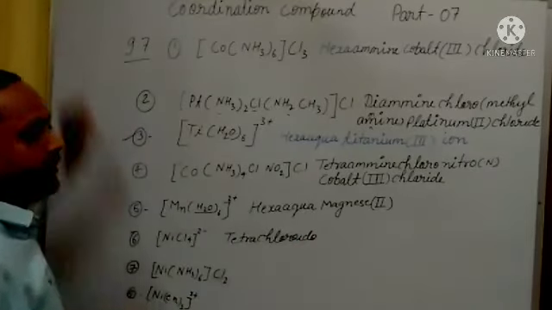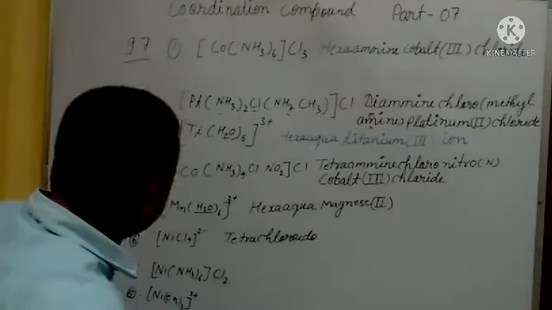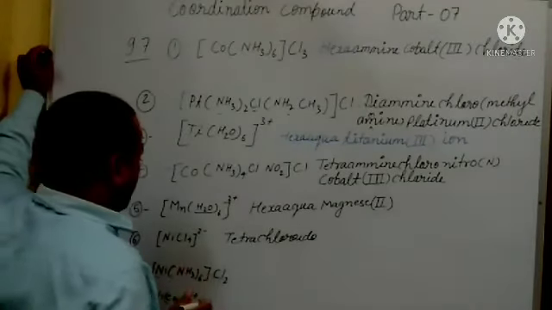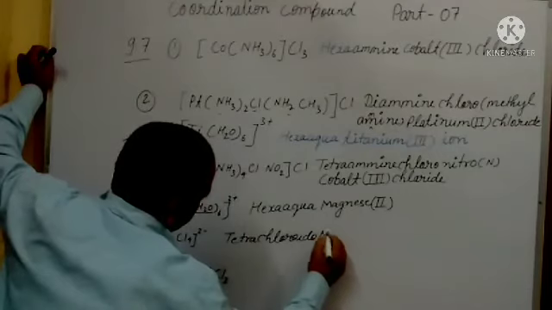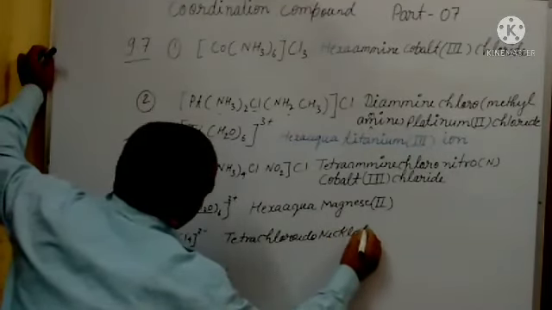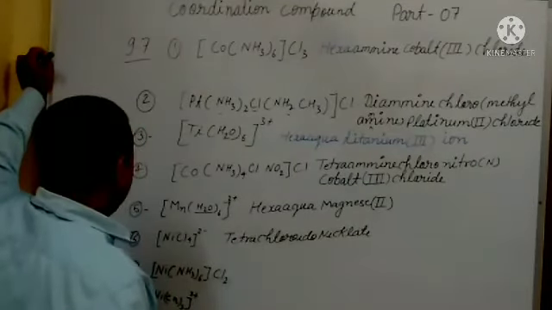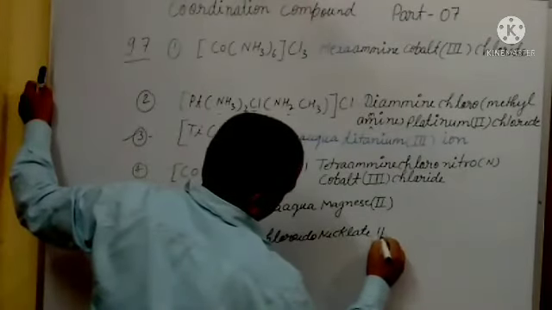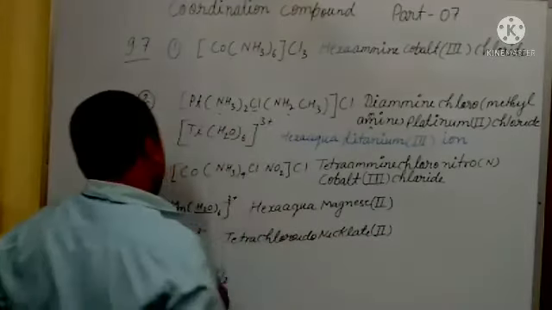I have already told you that if a negative ligand is there, the name ends with O. Here chloride is there, so we will write chlorido or chloro. Tetrachlorido nickelate. Nickel is there, so we will use nickelate, oxidation state II. Nickelate(II).